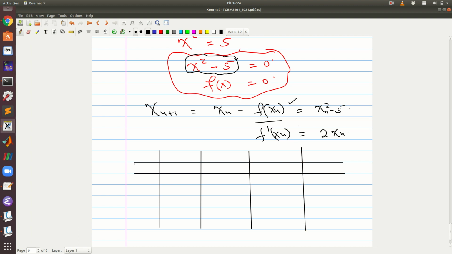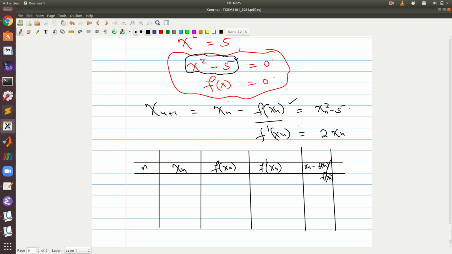Okay, so in this table we can have n. What else do we need? xn. I think we need xn, because we are going to compute f of xn, and then we can have f dash of xn, and then we write xn minus f of xn divided by f dash of xn.